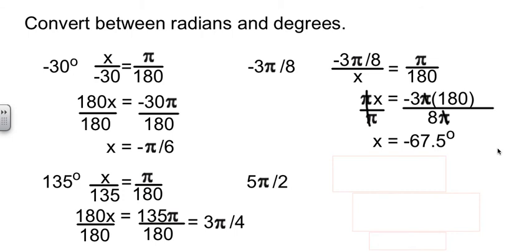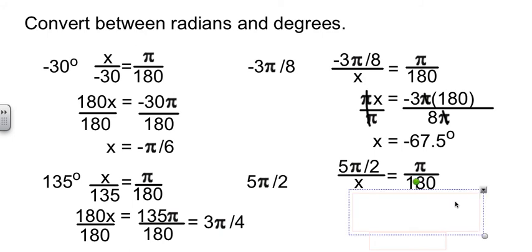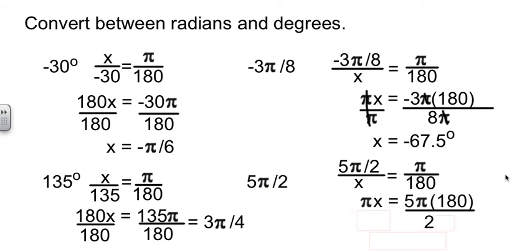Okay. Let's do one more like that one. We have 5 pi over 2. That's radians, so it'll be on top of the fraction. X for degrees that we don't know. Pi over 180. We'll cross multiply again. So I get pi x equals 180 times 5 pi over 2.